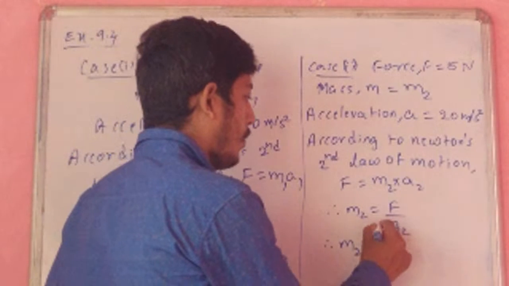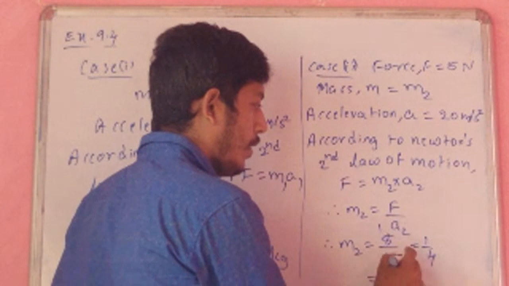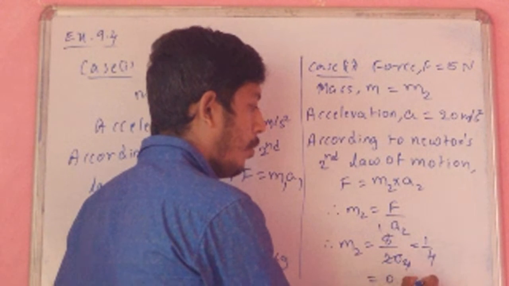Okay, it becomes 5 ones are 5, 4s are 20. It becomes 1 divided by 4, and 1 divided by 4 means it is 0.25 kg.